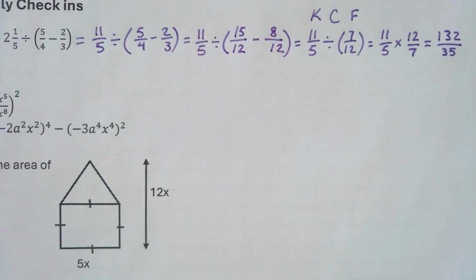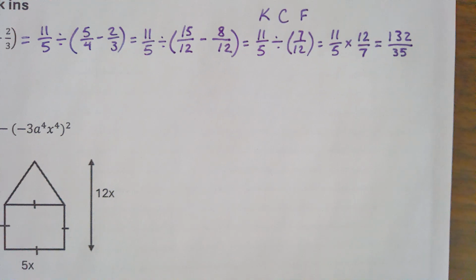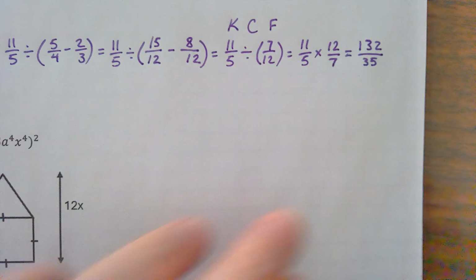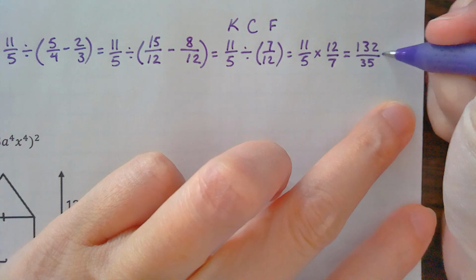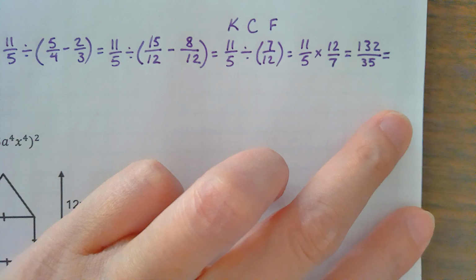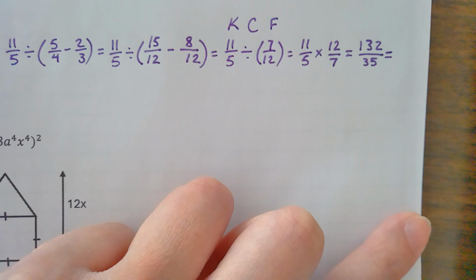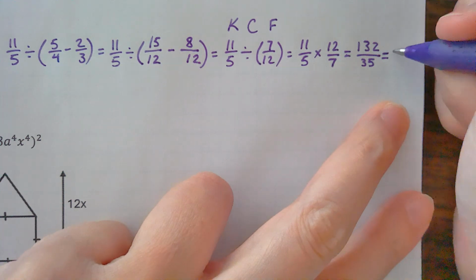On the test, it will ask you to turn this into mixed number form. So using long division, you want to see how many times 35 goes into 132. 35 goes into 132 3 times.